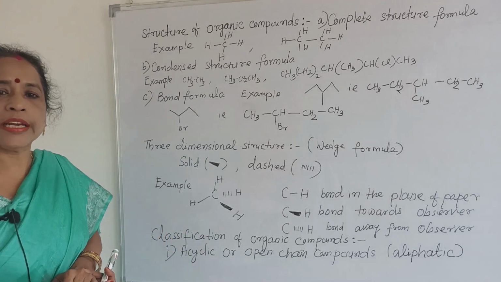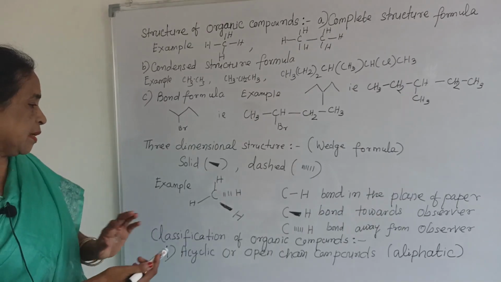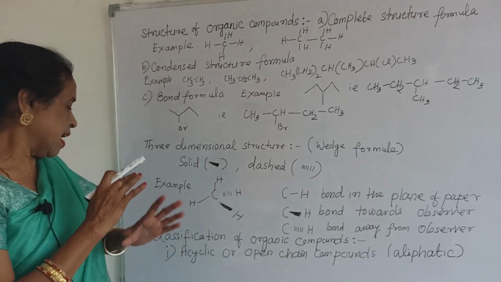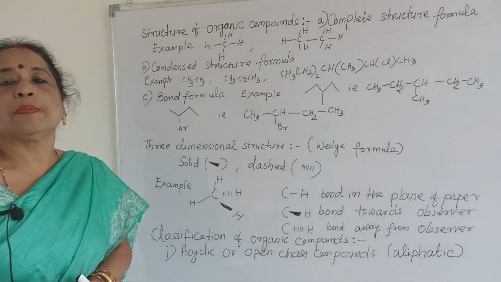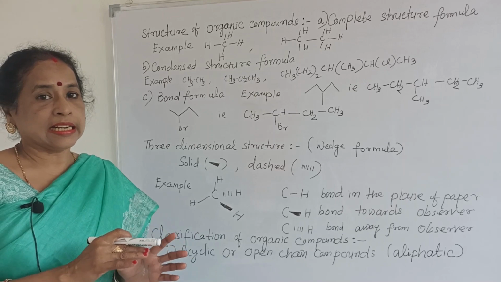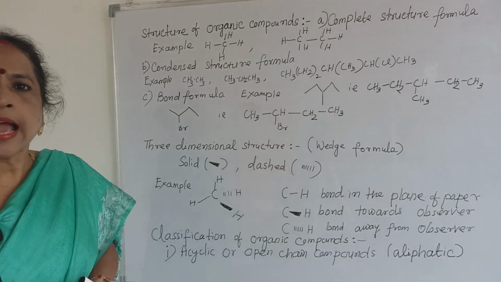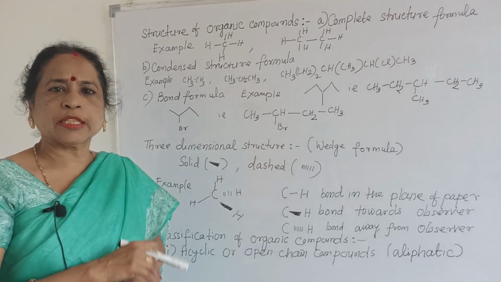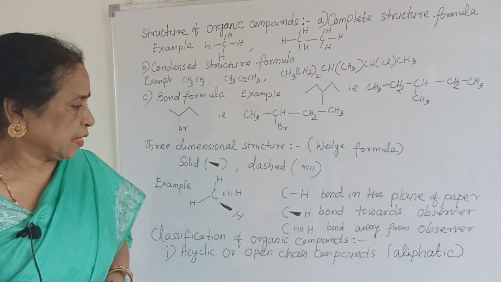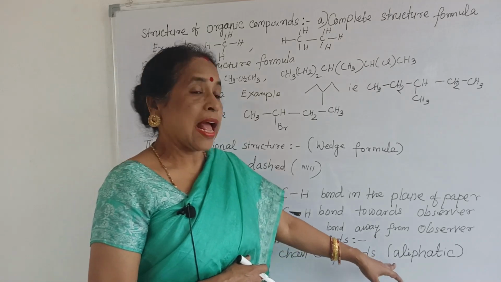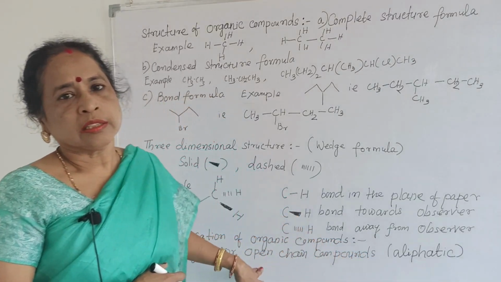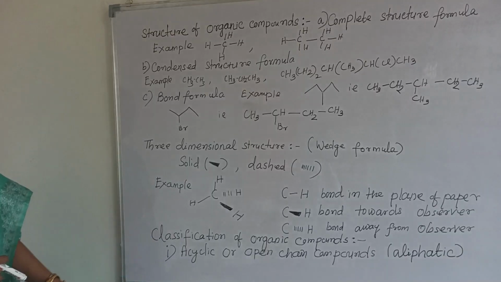Then come to classification of organic compounds. Classification, first point, acyclic or open chain. Acyclic or open chain is also known as aliphatic compounds. Aliphatic compounds may be a branch one, may be a straight one.